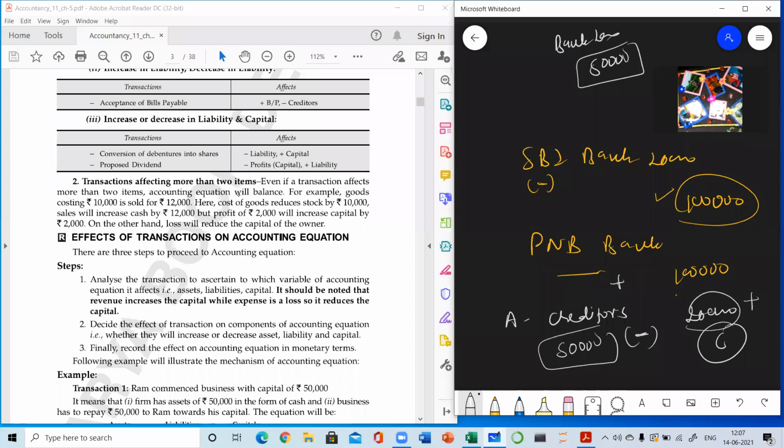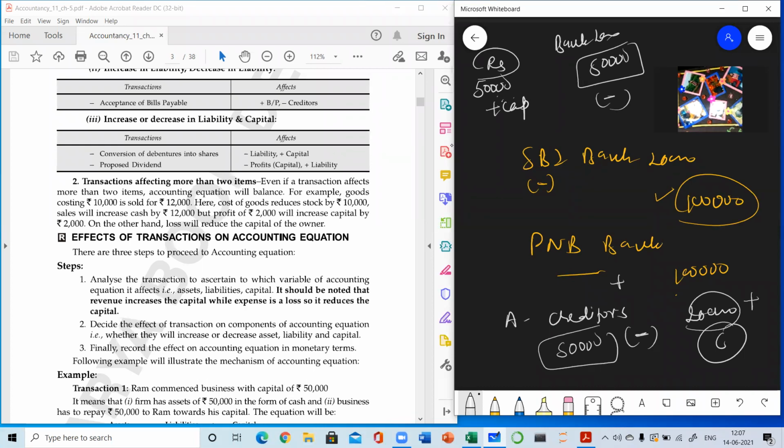So the businessman introduced 50,000 rupees capital. He has invested more money in the capital to pay back that loan. So in that case, capital will increase and the bank loan will decrease. So this can be the example for increase or decrease in liability and capital.